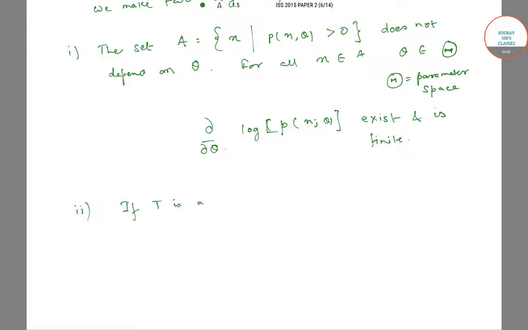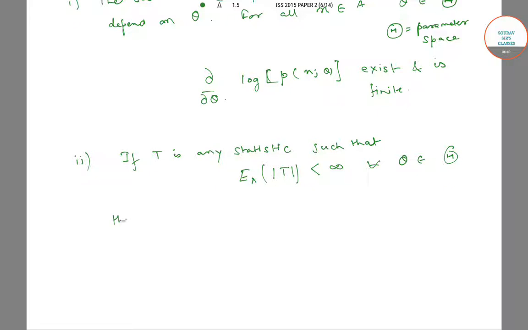The next regularity assumption is that if T is any statistic such that the expectation of mod T is less than infinity for all theta belonging to this parameter space, then the integration and differentiation by theta can be interchanged.